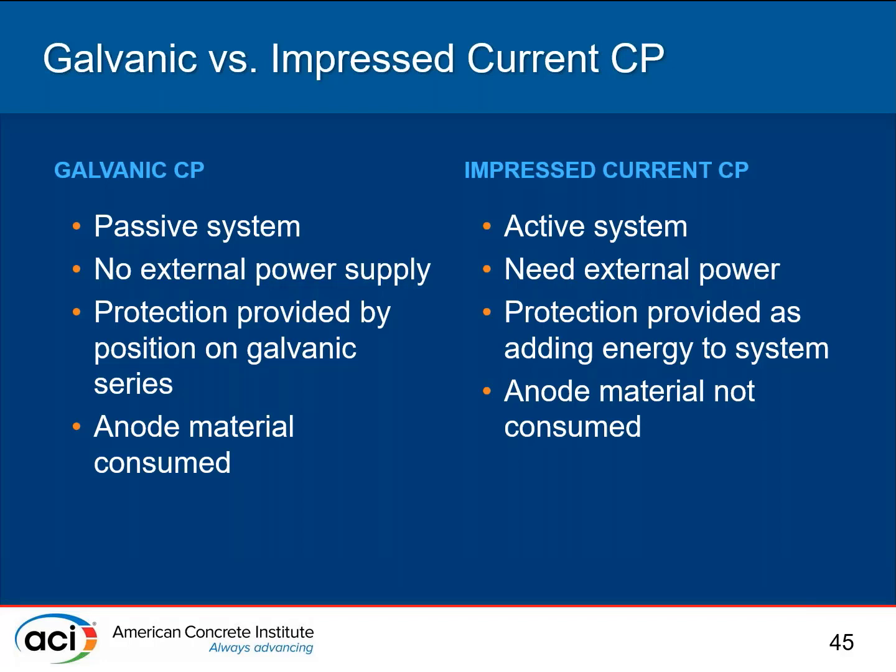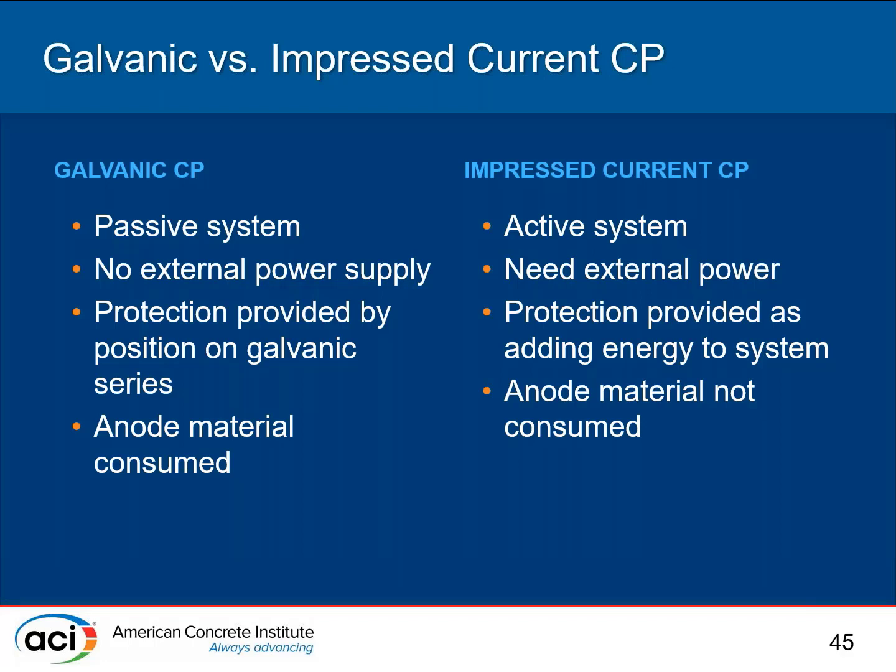Galvanic is what's referred to as a passive system, which means there's no internal power supply, so there's nothing that people have to continuously actively do to get the galvanic system to work. Whereas impressed current cathodic protection is an active system, and you need to supply external power, coming from your power plant, coming through the wires and getting into your system that provides that protection.